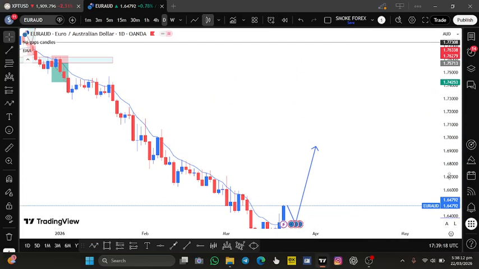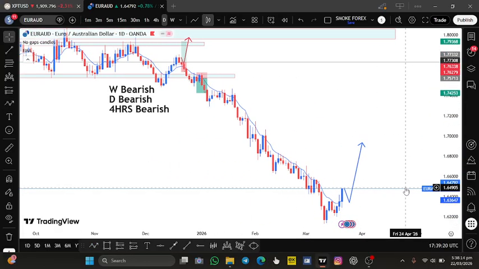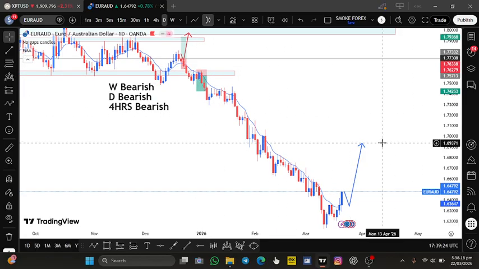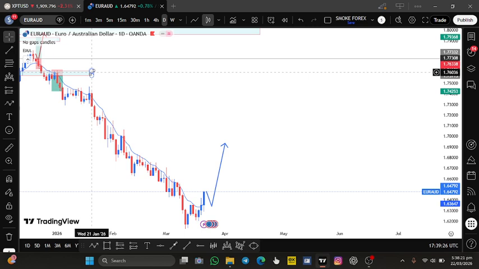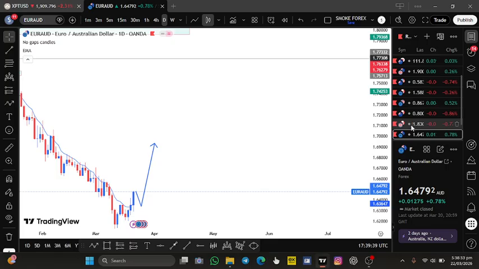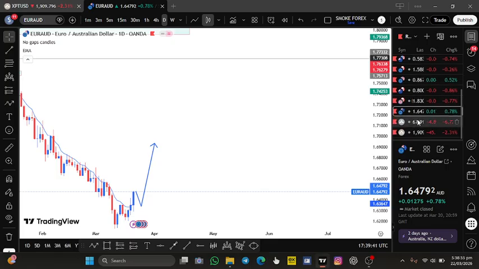I think this market could sell to reach this level. I'm not gonna lie, the market is going to sell to reach this level. So GBP AUD and Euro AUD are trying to do the same thing. Let's see what is going to happen this week.